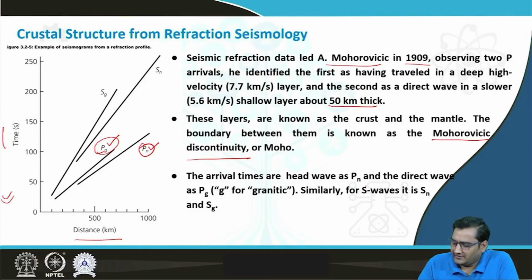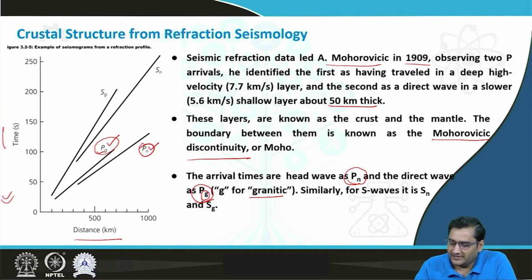He said that Pn is basically a head wave and Pg is basically the direct phase, and the g in the nomenclature of Pg represents granite, meaning it is traveling in the granitic structure of the crust.